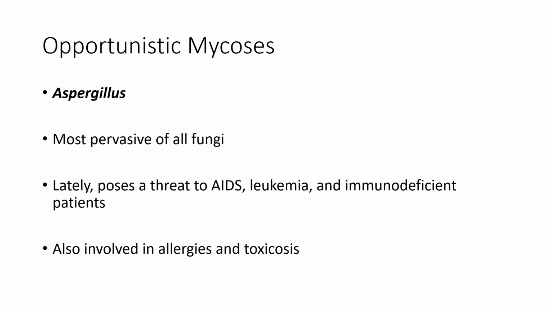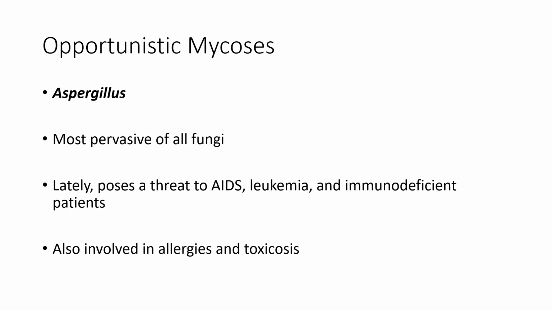And so we also have Aspergillus. Okay, and so this one happens to be the most pervasive of all fungi. It's all around, and most recently, it's posing a pretty great threat to people who have AIDS or HIV, leukemia patients, and immunodeficient patients. Okay.